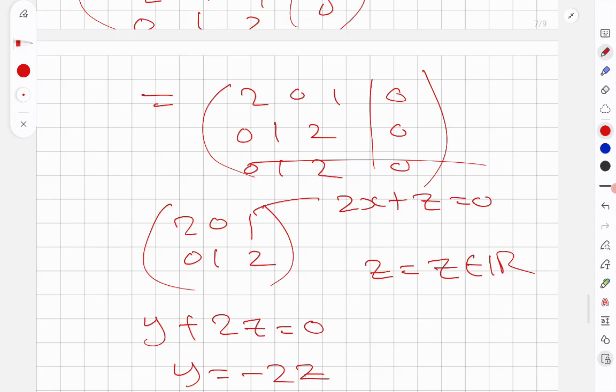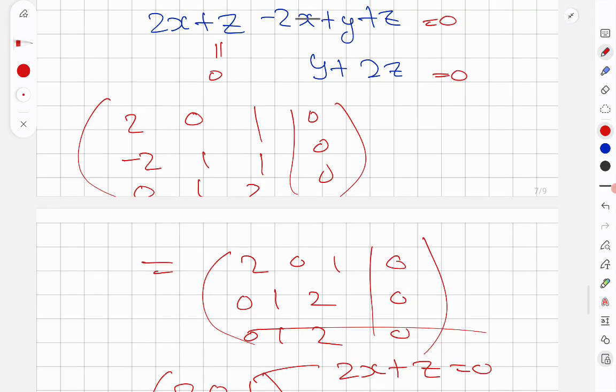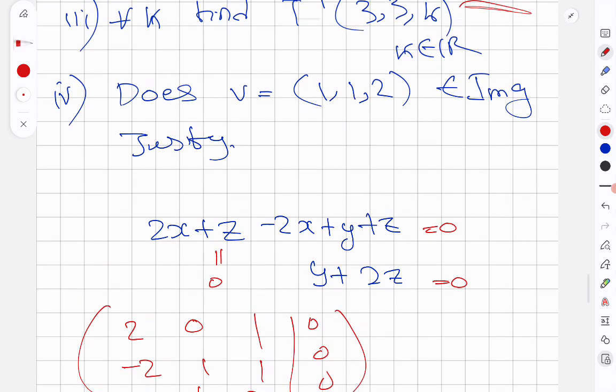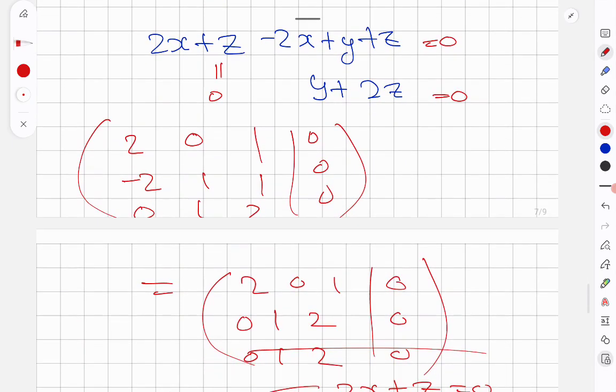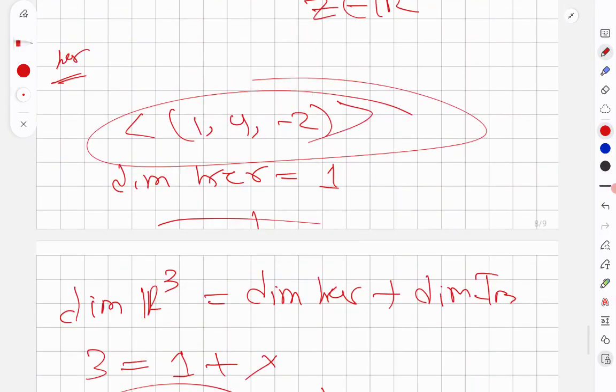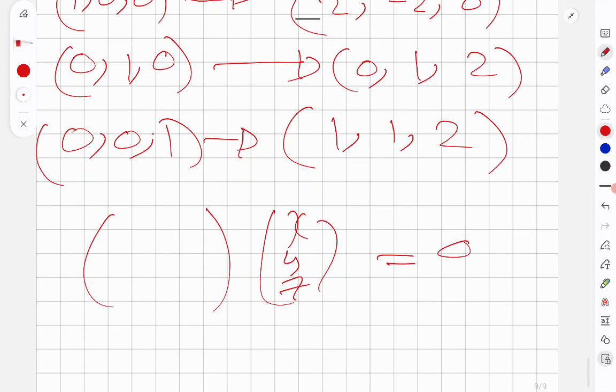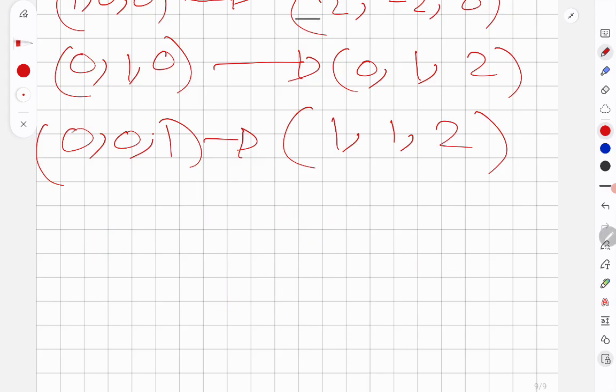We can say that in the main matrix, the first column and the second column are the images, like this and this. I will tell you that one. Don't worry, we will go back to it. I want to show you the difference. That's why I am doing the traditional method, and I will show you the associated one.